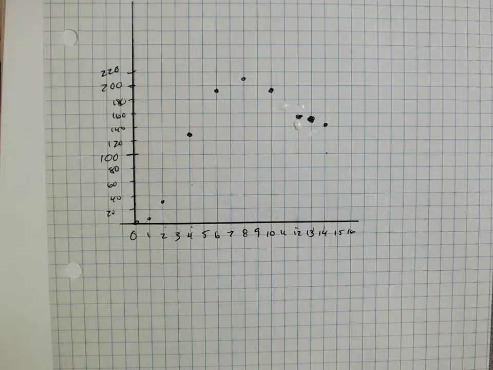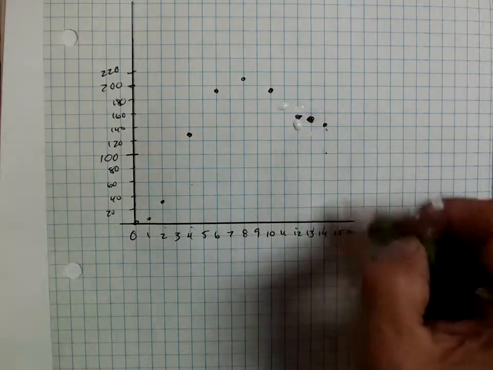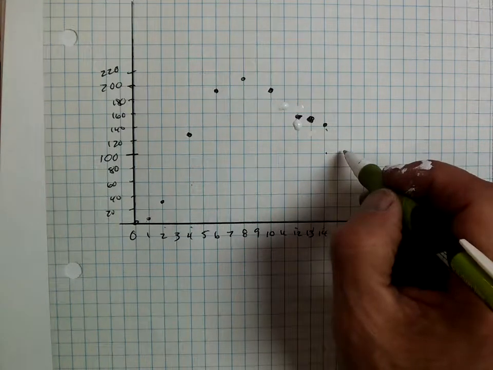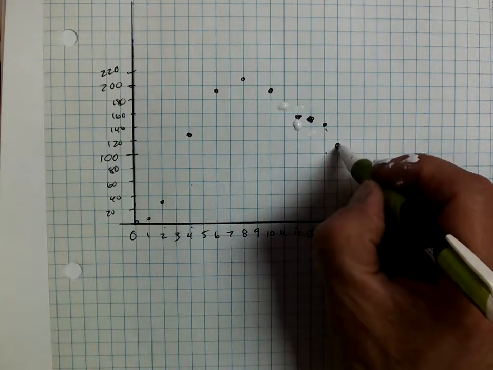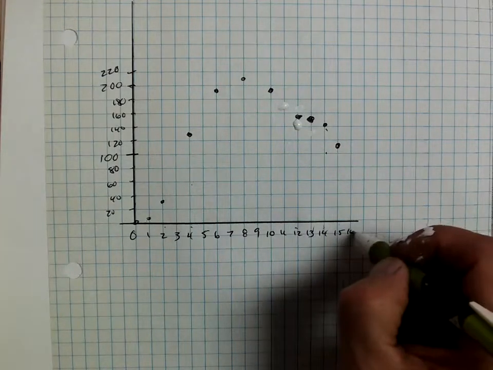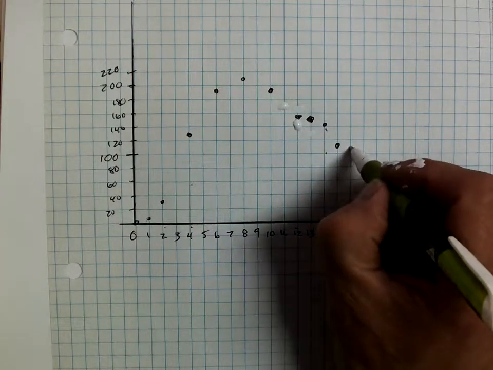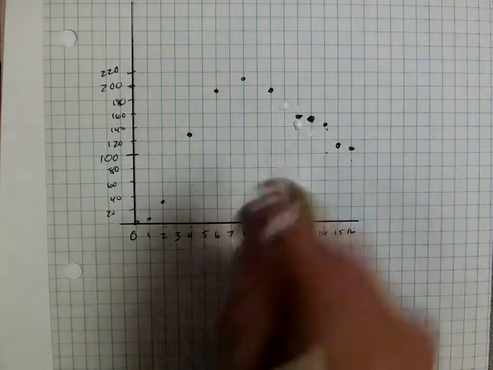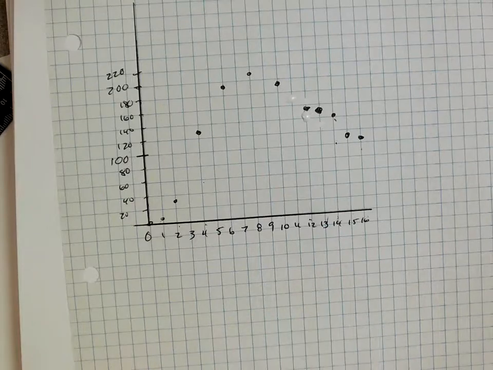There we go. I think I'm getting it right now. 14. 15. You guys getting this done? 16 is 130. Okay, there's my scatter plot with a few little mistakes.